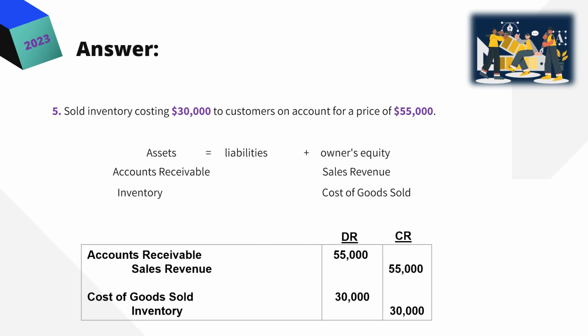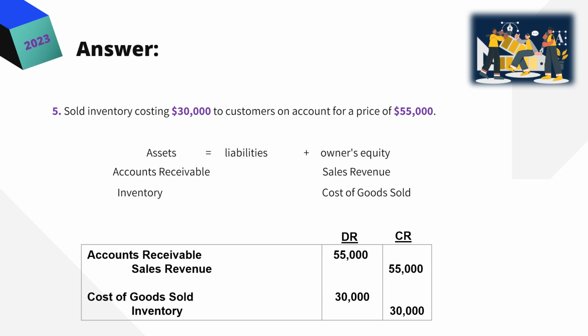In this transaction, have I received any assets? Yes, I have received an asset called accounts receivable. I have a right to collect $55,000 of cash from these customers in the future. It is a legal right that's enforceable because I've actually sold to them and transferred to them various goods, inventory, and they are legally obligated.